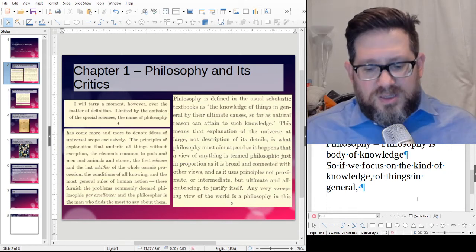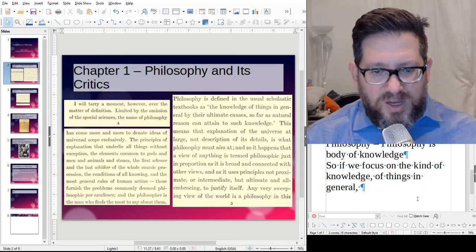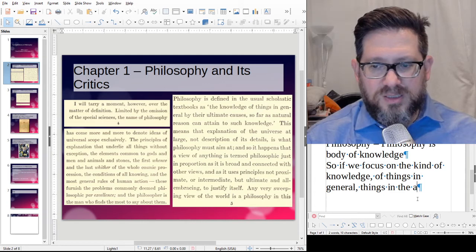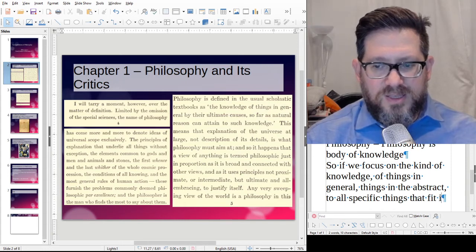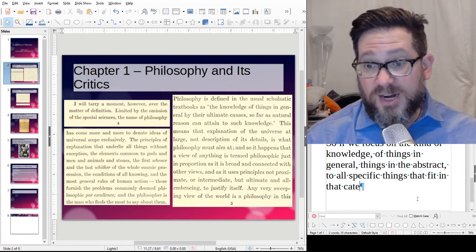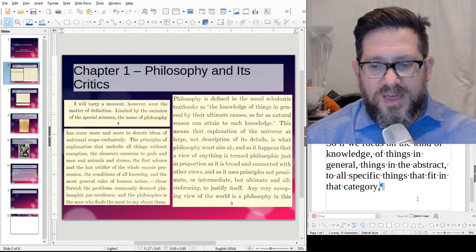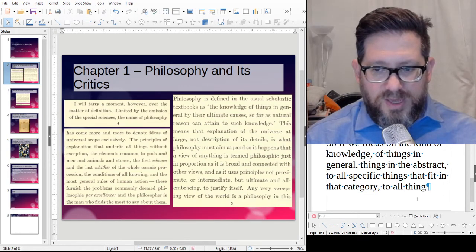So we've evolved here from things in general, things in the abstract, to all specific things that fit in that, we'll say, category, and then to all things of the world.